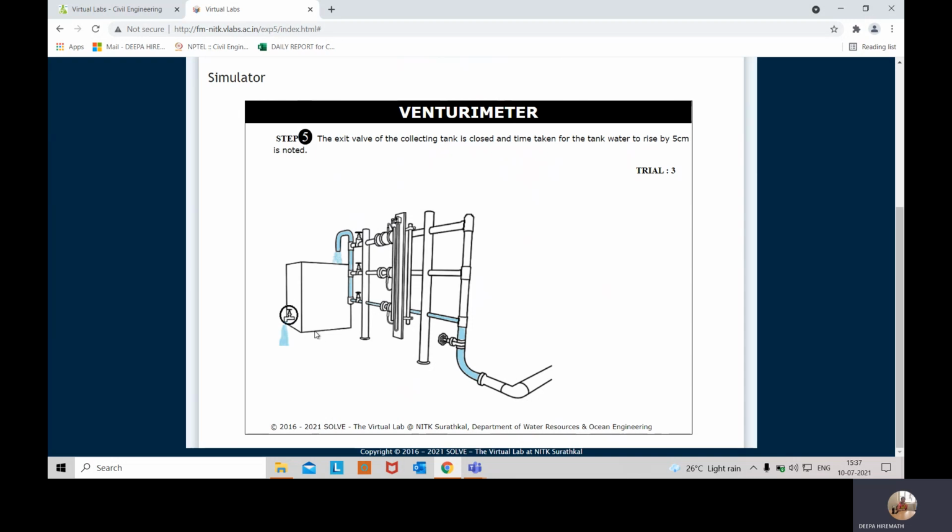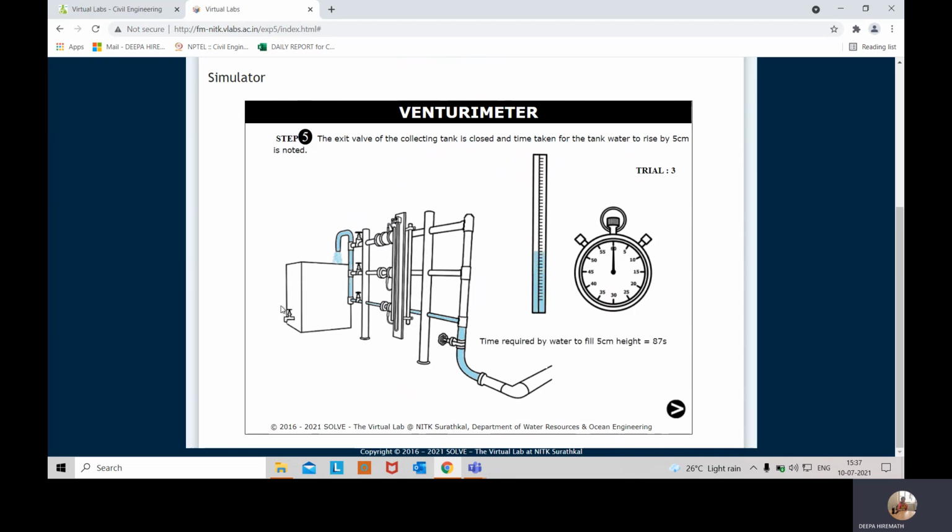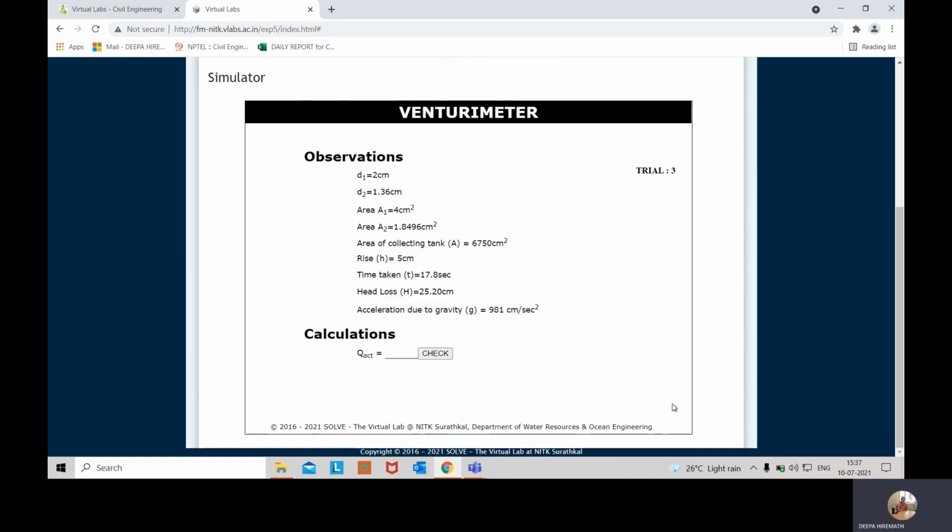Now I'm going to stop the exit valve. I'm closing the exit valve and then I'm going to record the time taken to collect 5 centimeters of water in the collecting tank. It was found to be 87 seconds.